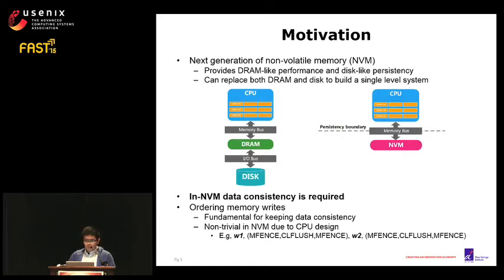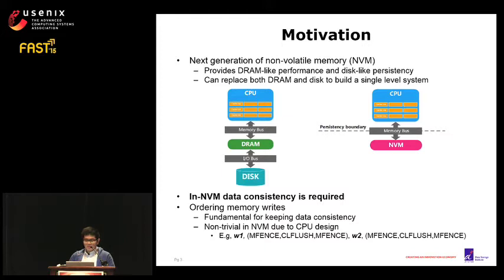To enforce the order of memory writes, we need to use mfence and clflush instructions. mfence issues a memory barrier which guarantees the memory operations after the barrier cannot proceed until those before the barrier complete. But it does not guarantee the order of write back to the memory from the CPU cache.